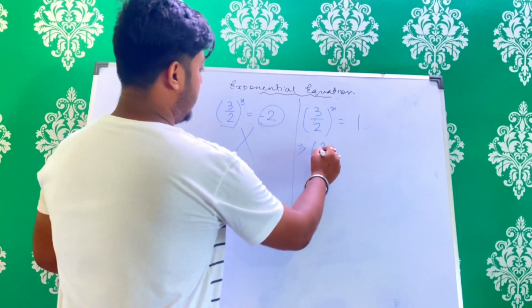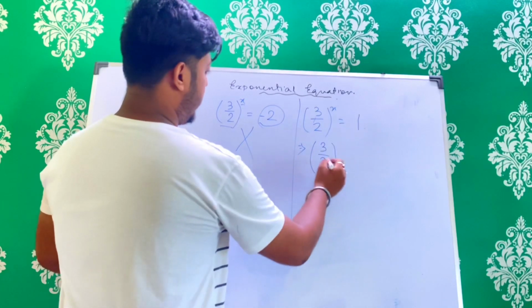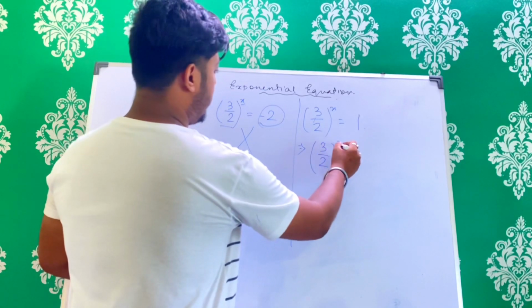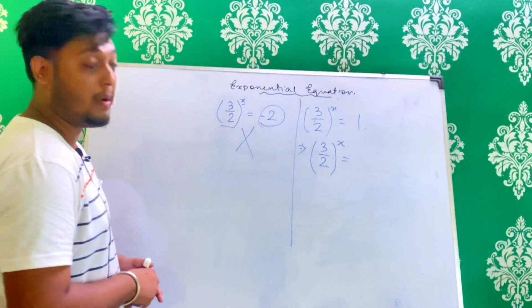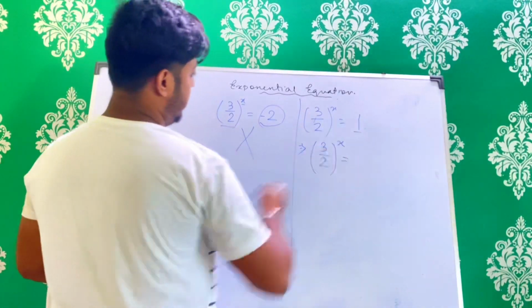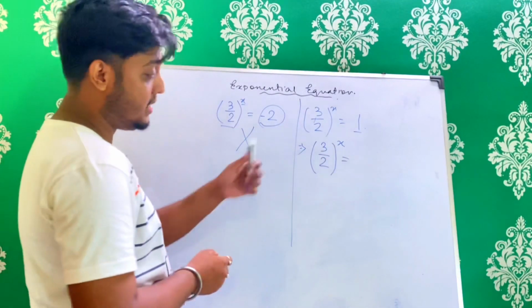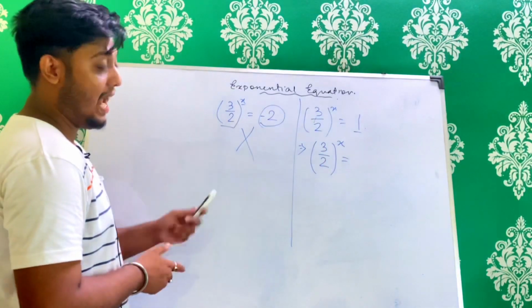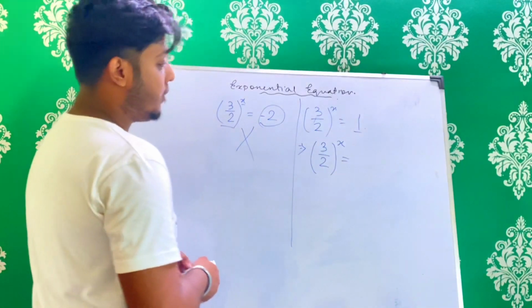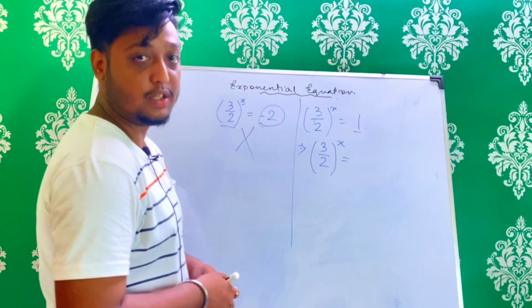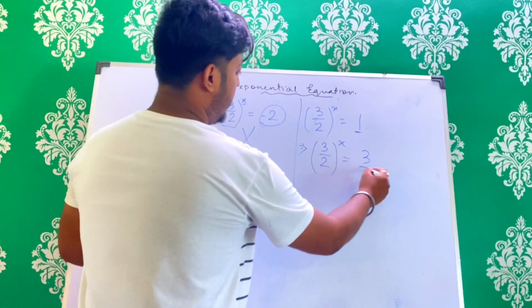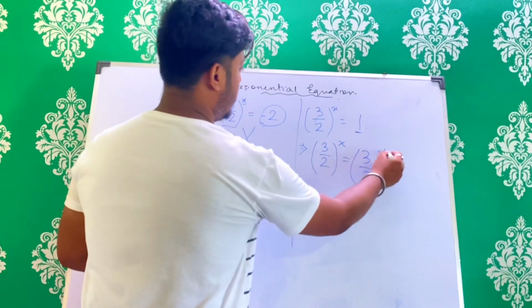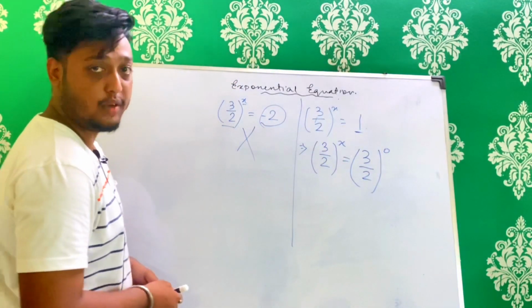So let's go ahead with this equation. So we can write it as 3 by 2 whole to the power x, and we know anything to the power 0 is 1. If you guys want to see this video, I will add this in the description. You can watch why anything to the power 0 is 1. So let's move forward. We can write this as 3 by 2 whole to the power 0, right? As we know, anything to the power 0 is 1.